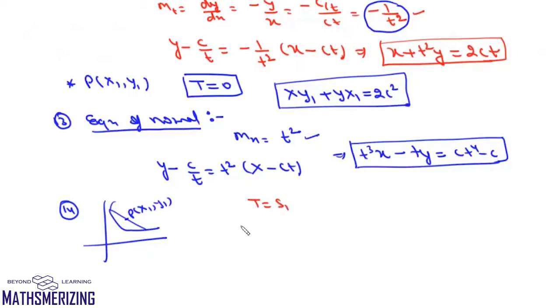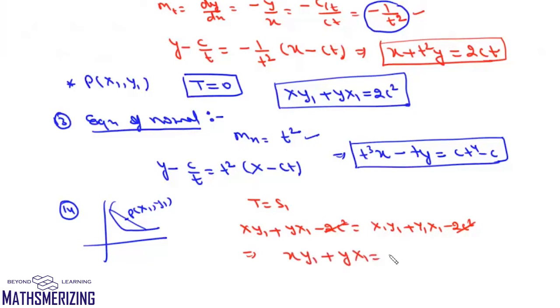Now T in this case will be xy1 plus yx1 minus 2c square, and S1 will be x1 y1 plus y1 x1 minus 2c square. So here 2c square will cancel. So we'll write this equation as xy1 plus yx1 equals 2x1 y1. So this is the equation of chord with a given midpoint.